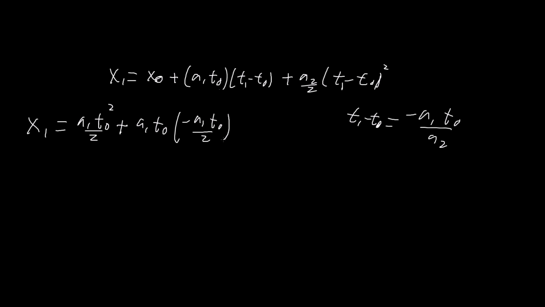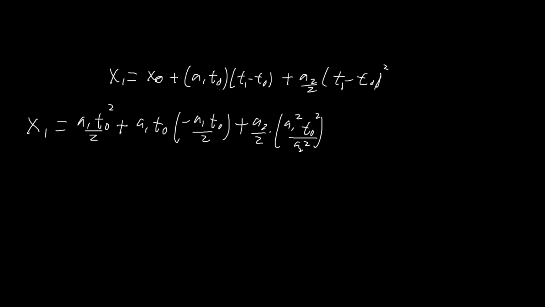I like to write every step of work so I can keep track of anything in case I make a mistake. So this square is just going to be this guy's square. That's just another way of saying a1 squared t naught squared over a2 squared. There we go, folks. So once you get that done, we simplify this.